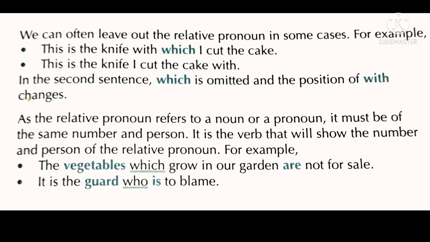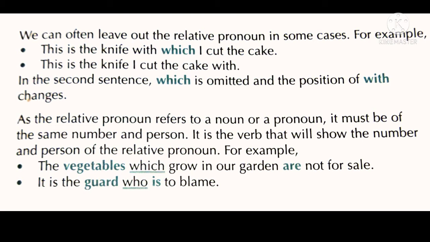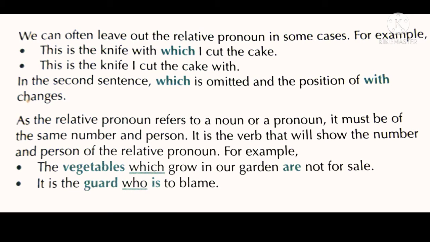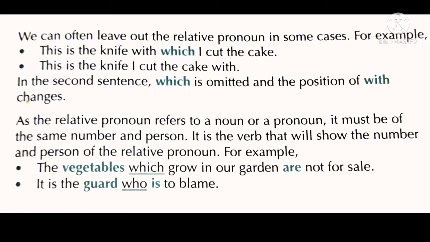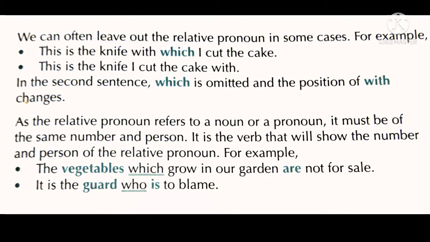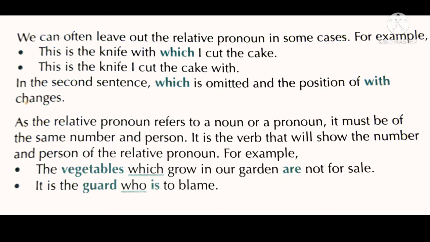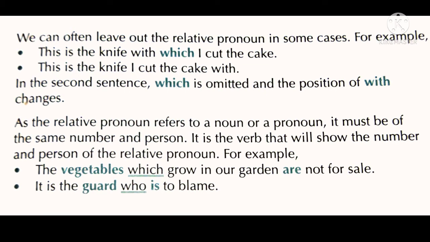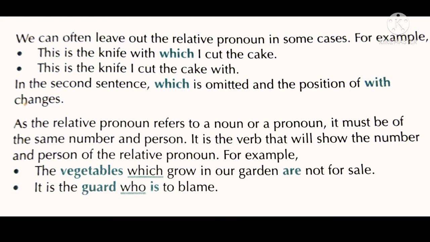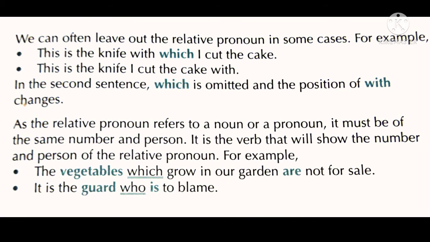the position of with has changed. As a third point, as the relative pronoun refers to a noun or a pronoun, it must be of the same number and person. It is the verb that will show the number and person of the relative pronoun. For example, the vegetables which grow in our garden are not for sale.